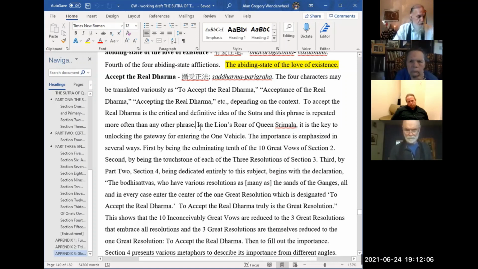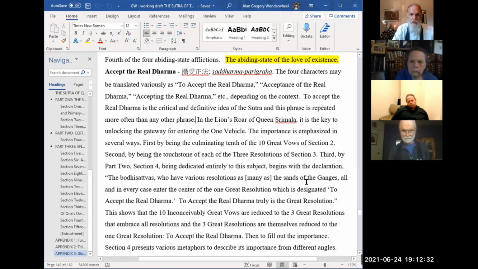Because it's presented here as her 10th summation vow, and it also becomes the whole title for section 4, articulating the acceptance of the real Dharma. And section 4 is the second largest section in the sutra. So we see the importance of this phrase can't be underestimated in this sutra.